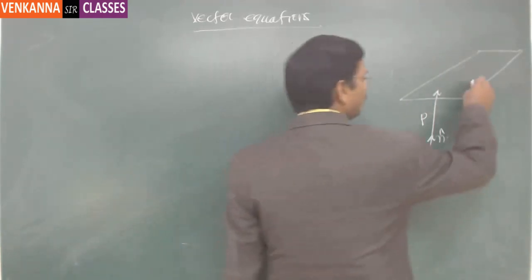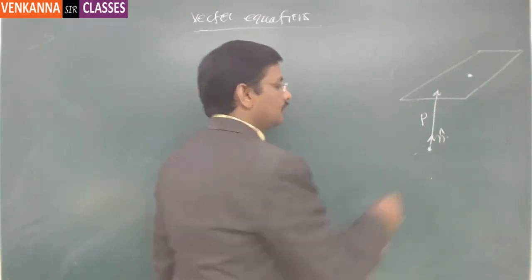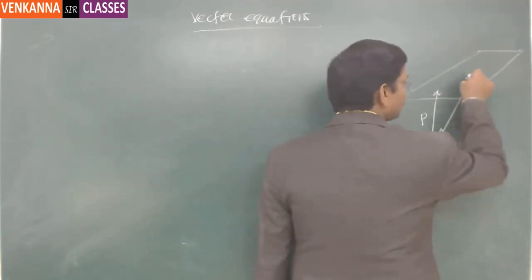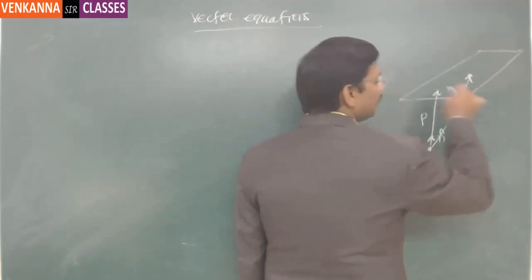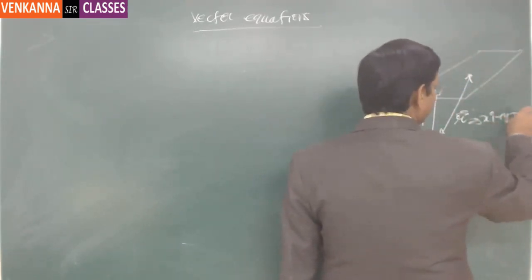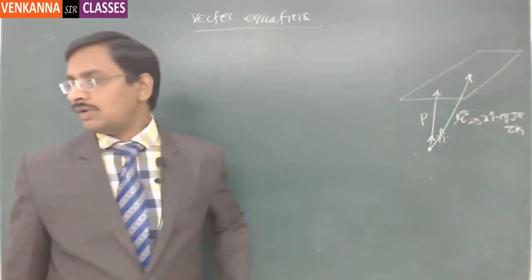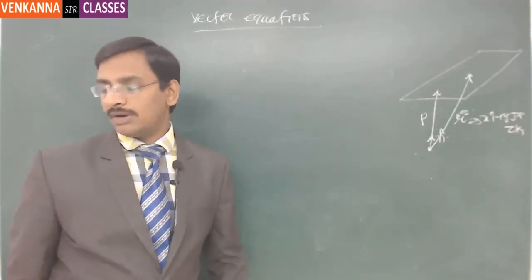Now actually, let us say this is the point where the fan is hanging. If I draw a straight line like this, this is nothing but the variable position vector, xi plus yj plus zk. Now I should be able to identify this point.